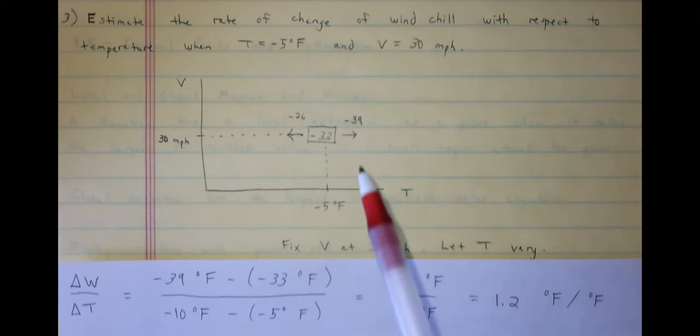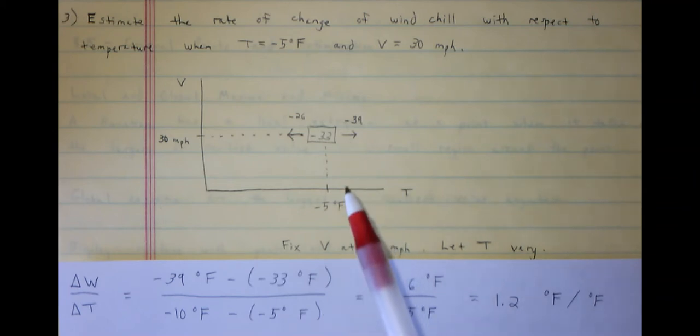Well, as we move to the right, this corresponded to a temperature of negative 10 degrees Fahrenheit minus the negative 5 degrees Fahrenheit, to give us negative 6 degrees Fahrenheit over negative 5 degrees Fahrenheit, which is 1.2 degrees Fahrenheit per degree Fahrenheit.